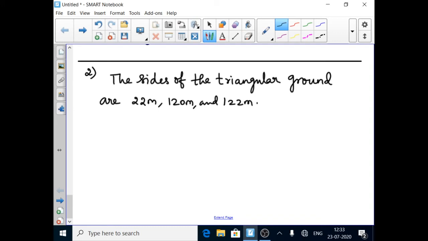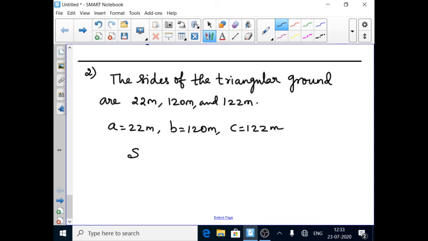Okay, so you can take it as A, B, C. So A is equal to 22 meter, B is equal to 120 meter, C is equal to 122 meter. Okay, so first we want to find the S value.